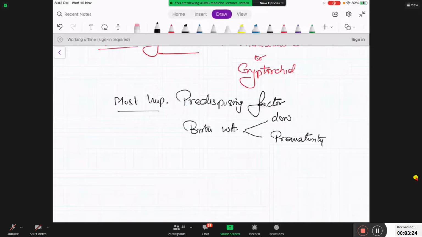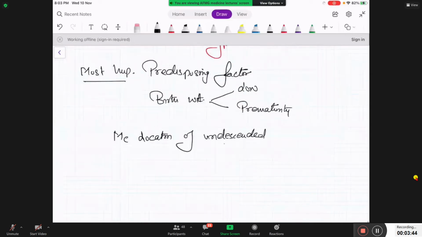Now, what we are going to do now, we will just write down the theoretical things and then we'll put them in a clinical perspective. Okay. Most common location of undescended testes is intracanalicular.